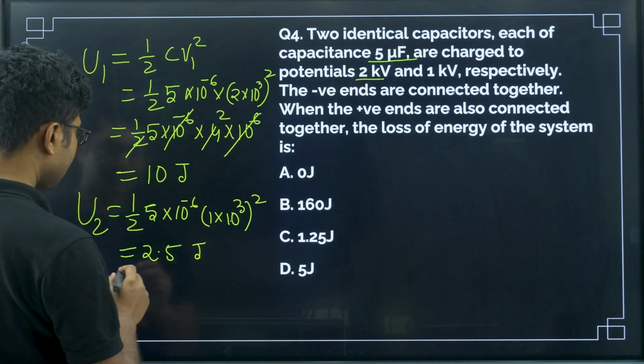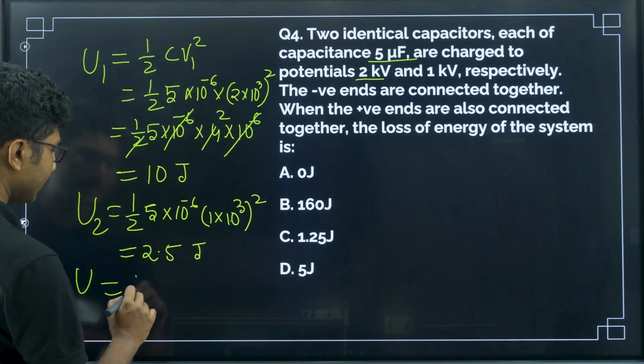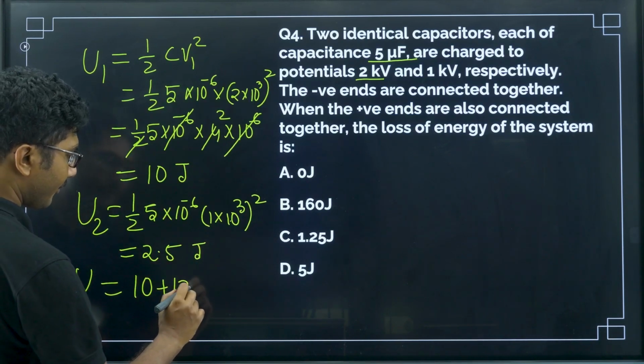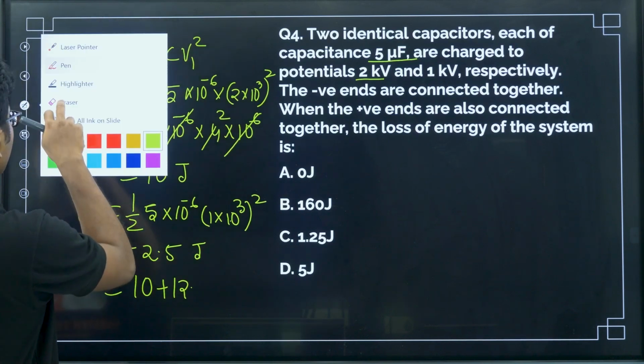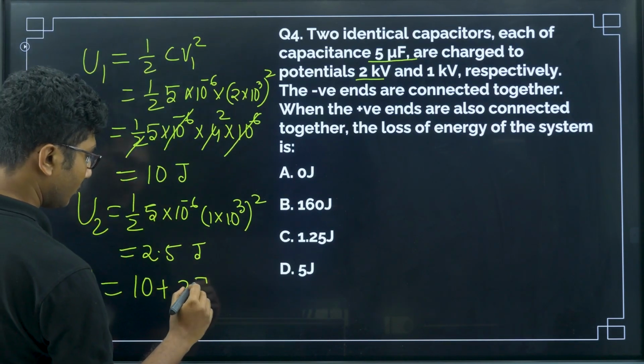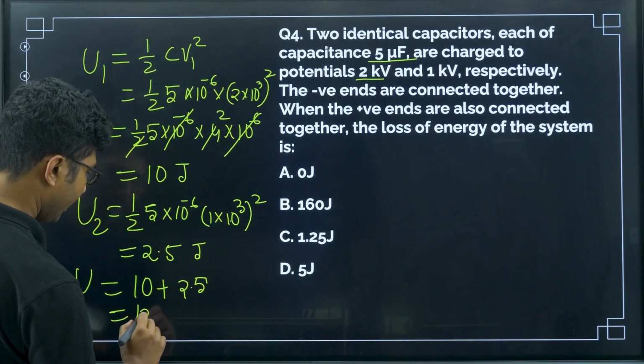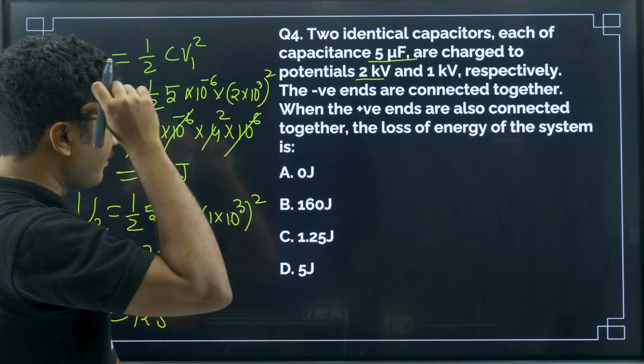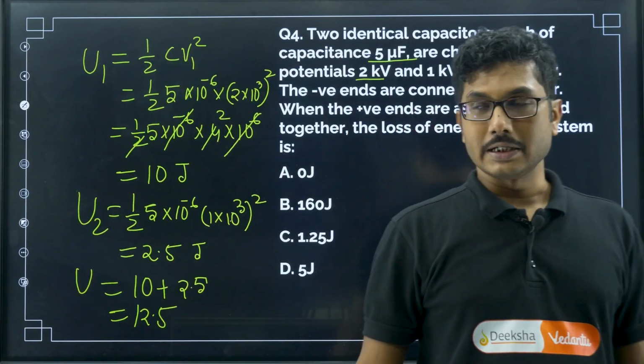So the total energy of the system at the beginning was 10 plus 2.5, which is 12.5. Now they have asked you to calculate the energy loss.